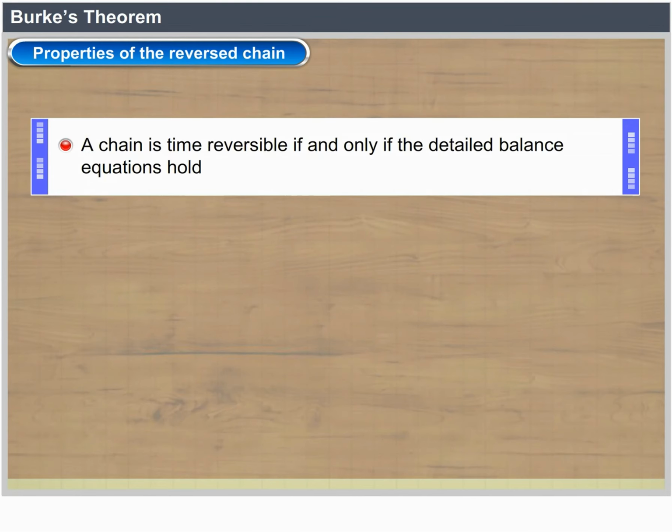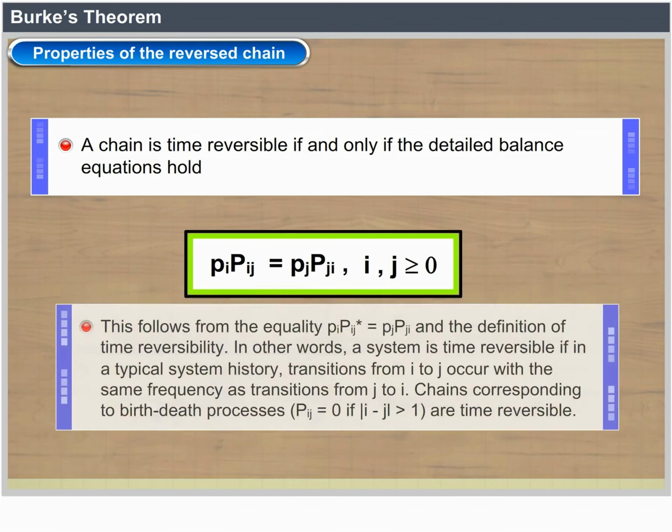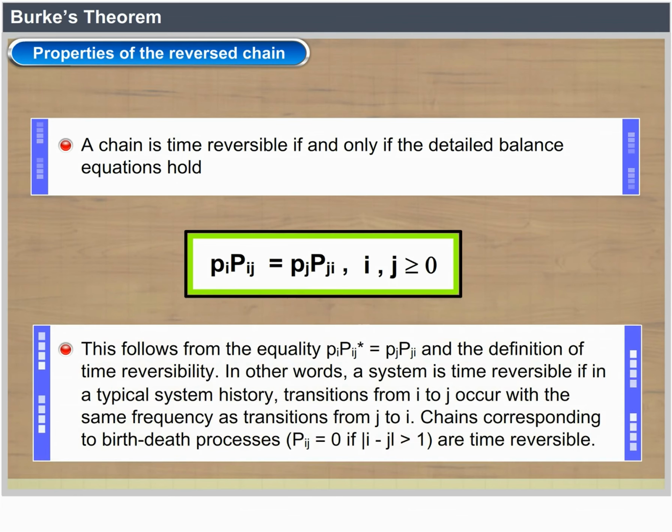A chain is time reversible if and only if the detailed balance equations hold: P_i P_ij is equal to P_j P_ji, i, j greater than or equal to 0. This follows from the equality P_i P_ij star is equal to P_j P_ji and the definition of time reversibility.